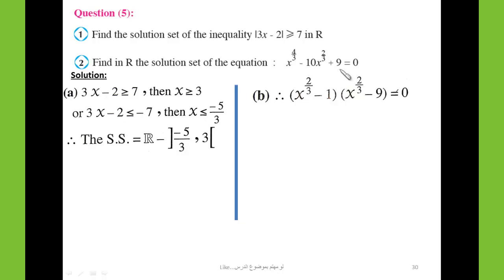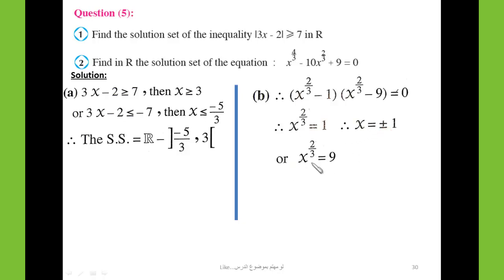And 9 equals negative 1 multiplied by negative 9, and their sum, negative 1 plus negative 9, equals negative 10. So x power 2 over 3 minus 1 equals 0, then x equals positive or negative 1.